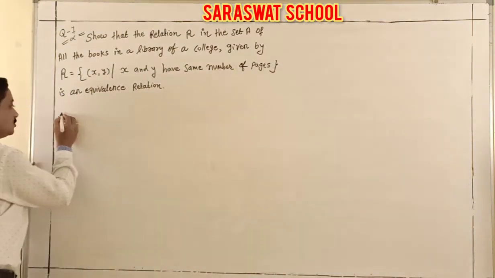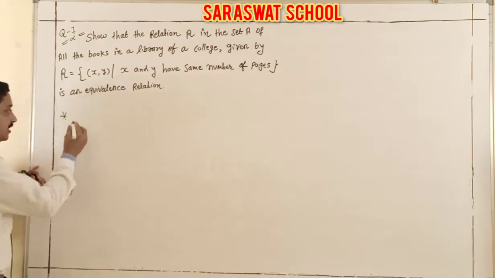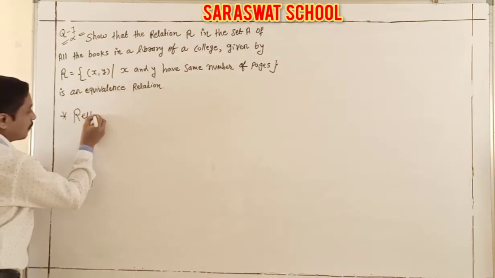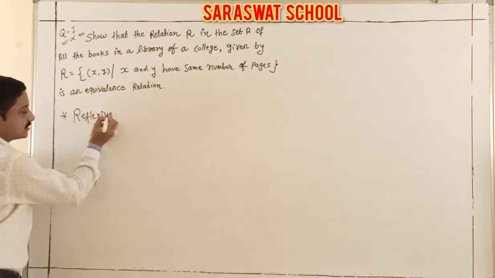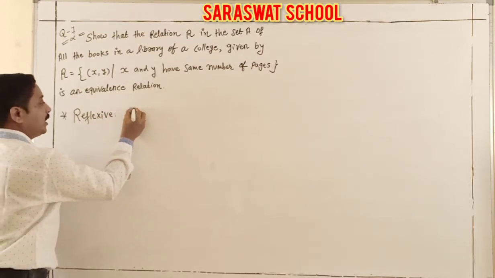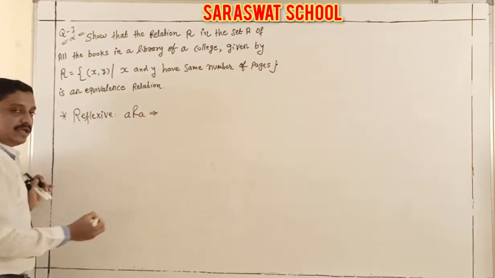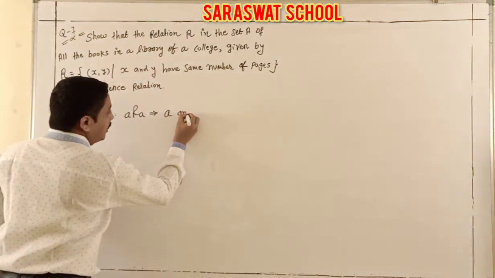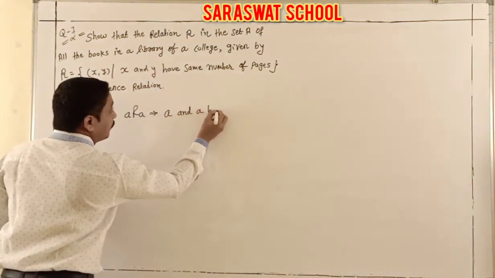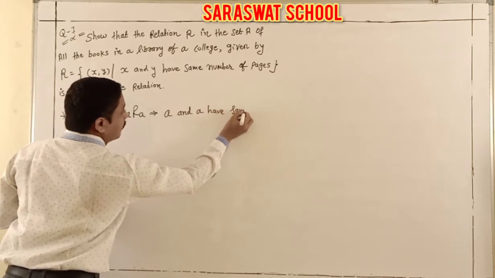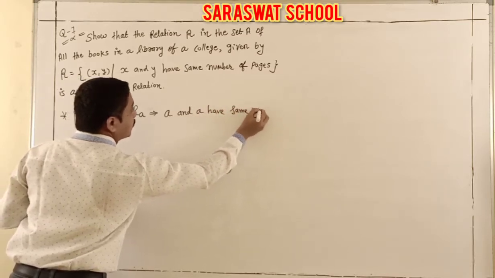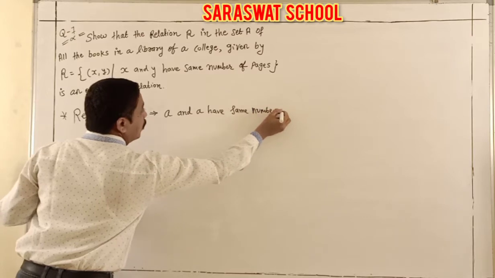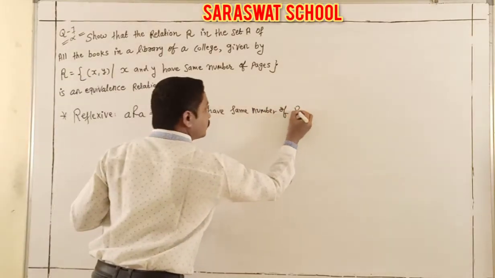First of all, I check reflexive. What is the rule? (a, a) must belong to R. Here I write: a and a have the same number of pages.